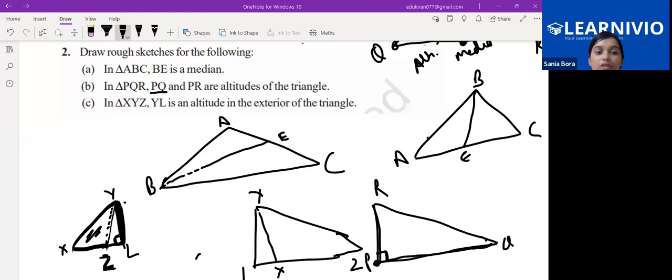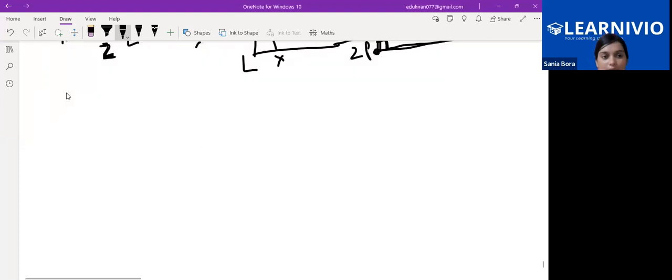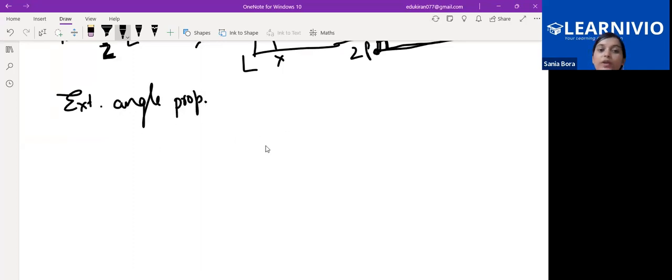Okay. Everybody finished? Now coming to the next one, the exterior angle property. I'll just quickly remind you. Exterior angle property says, for example, this is a triangle.